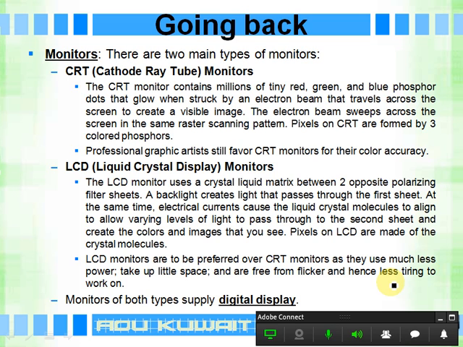This CRT monitor contains millions of tiny red, green and blue phosphorus dots. It's a chemical, phosphorus dots, that glow when struck by an electron beam that travels across the screen to create the visible image. That means a beam comes and hits this phosphorus, the red, blue and green.